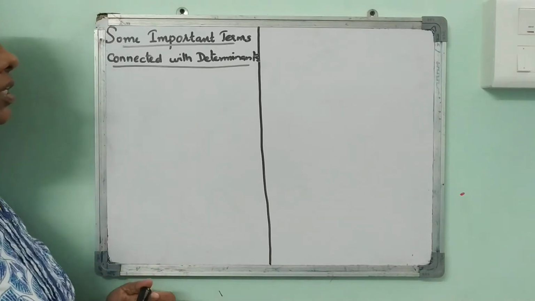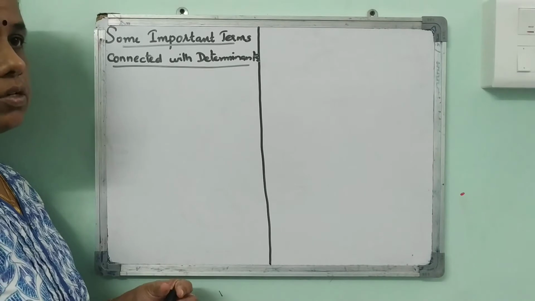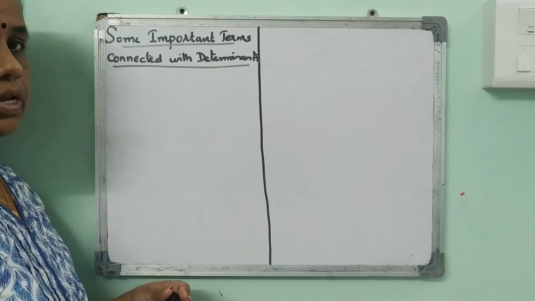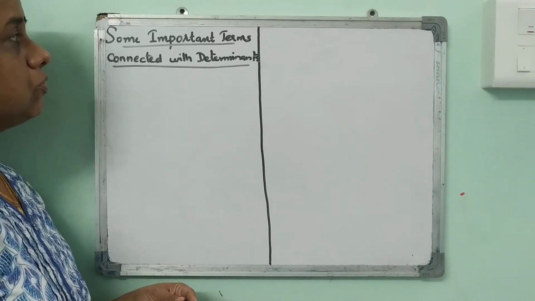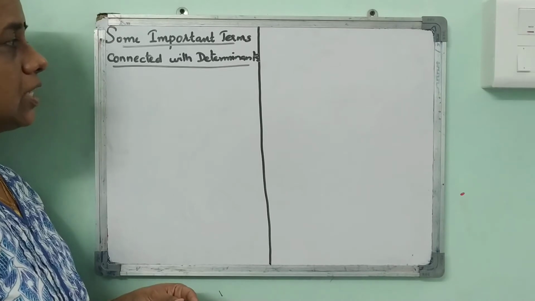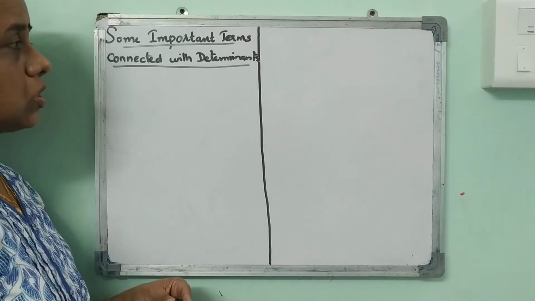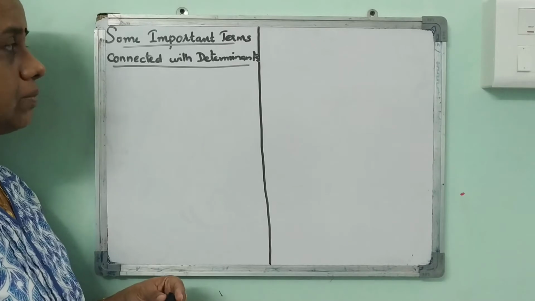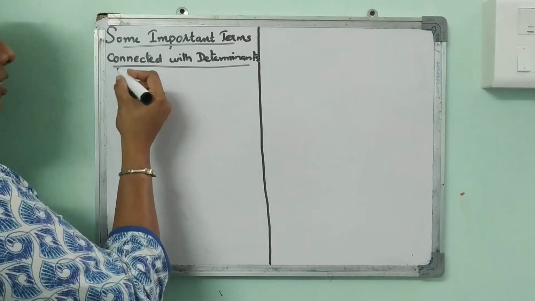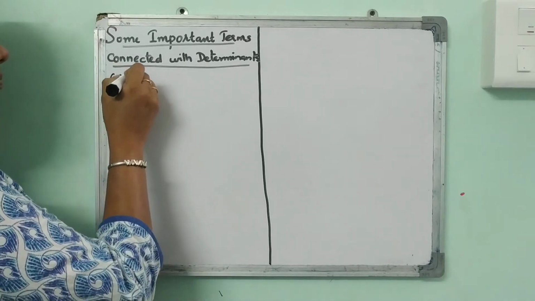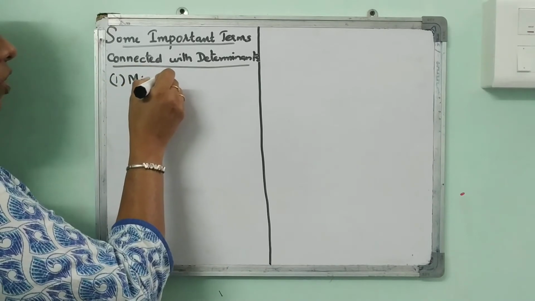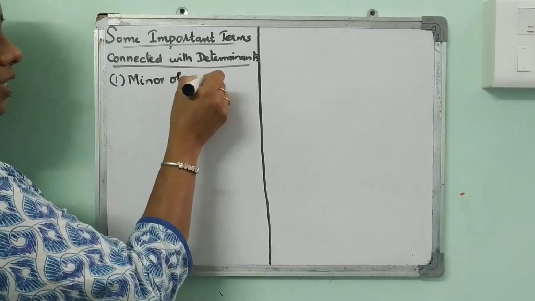Now, after learning about how to evaluate determinants of order 1, order 2 and order 3, we are moving on to some important terms which we have to explain in determinants, because all these terms are connected with determinants, okay? The first term I'll be talking about is the minor of an element.